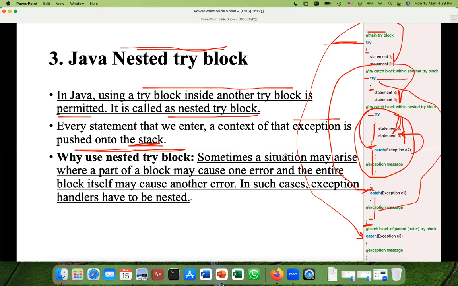Sometimes a situation may arise when a part of the block may cause one error. So any block can cause an error, can cause an exception. Here error means exception. Any block of your program can cause an exception.